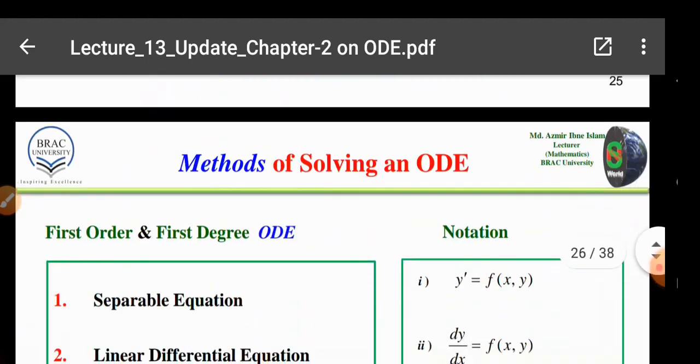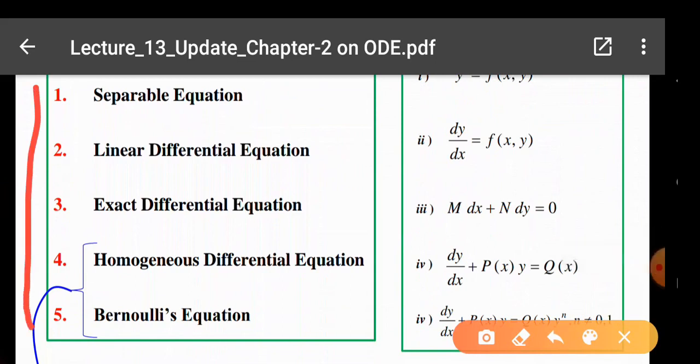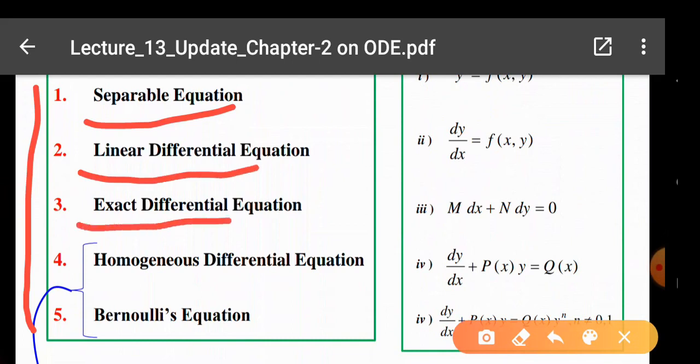A first order ordinary differential equation may be of these types: a separable equation, a linear differential equation, sometimes an exact differential equation, a homogeneous differential equation, and lastly a Bernoulli equation.